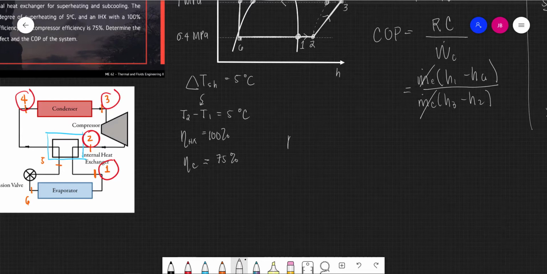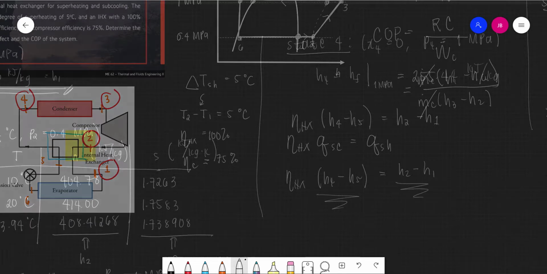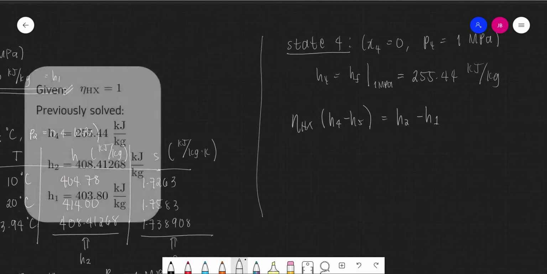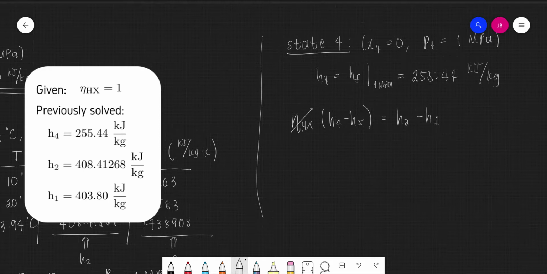We have eta Hx multiplied by the Q at subcooling, which is going to be equal to Q at subheating. So in terms of enthalpies, we have eta Hx equal to, the heat in our subcooling, H4 minus H5. This is going to be equal to H2 minus H1. But according to our problem, the heat transfer efficiency is 100%. So basically, this is just equal to 1.